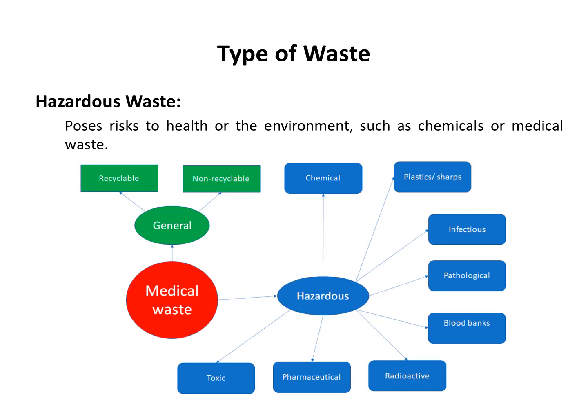And other hazardous waste includes chemicals, toxic materials, pharmaceutical products, radioactive waste, waste from the blood banks, pathological labs, infectious materials, and plastics. And sharps. Sharps are products like needles and blades, and that can be dangerous and should be disposed of in a very proper way.